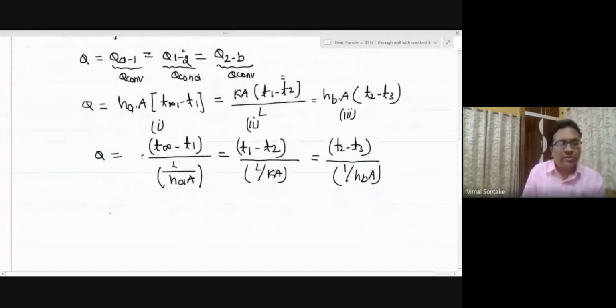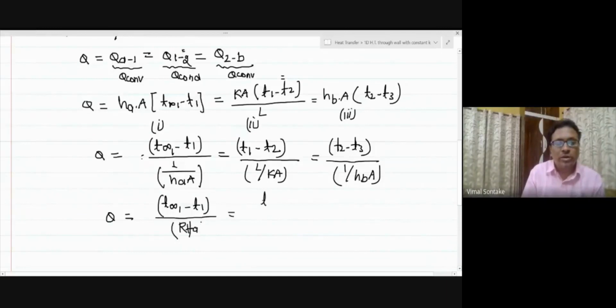Further I can simplify this: Q is equal to T infinity 1 minus T1 over R_T suffix A, is equal to T1 minus T2 over R_T, is equal to T2 minus T infinity 2 over R_T suffix B.